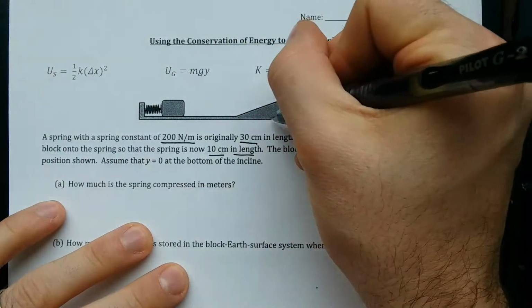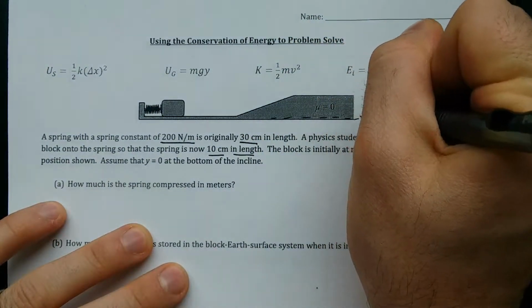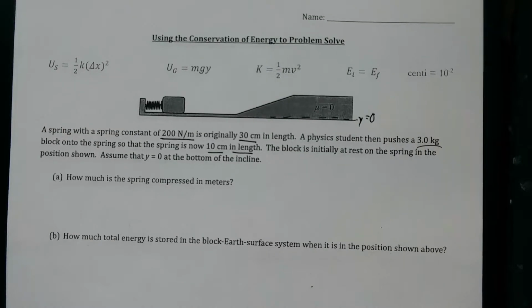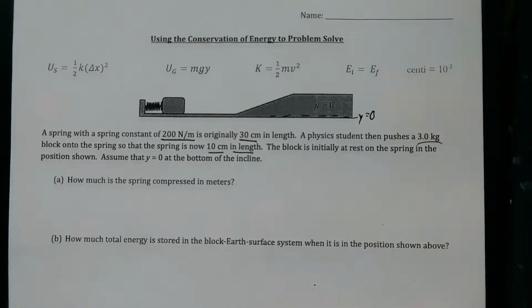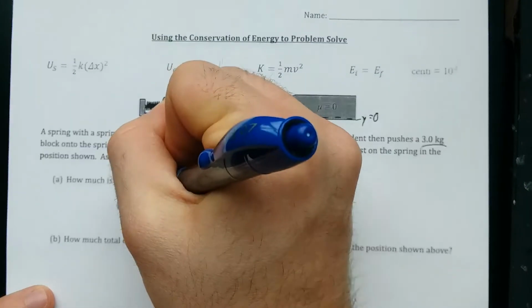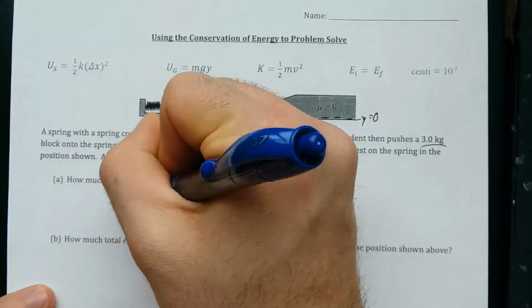Assume that y equals 0 at the bottom of the incline, so I'll add that in right there. How much is the spring compressed in meters? This problem isn't asking for anything particular about energy. It's just asking us a fact about this spring. Everything I read about the spring told me that it was originally 30 centimeters.